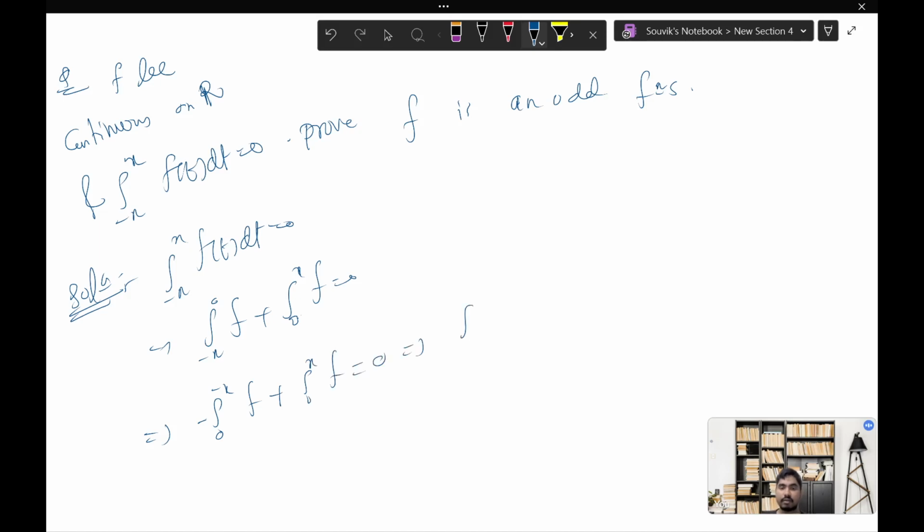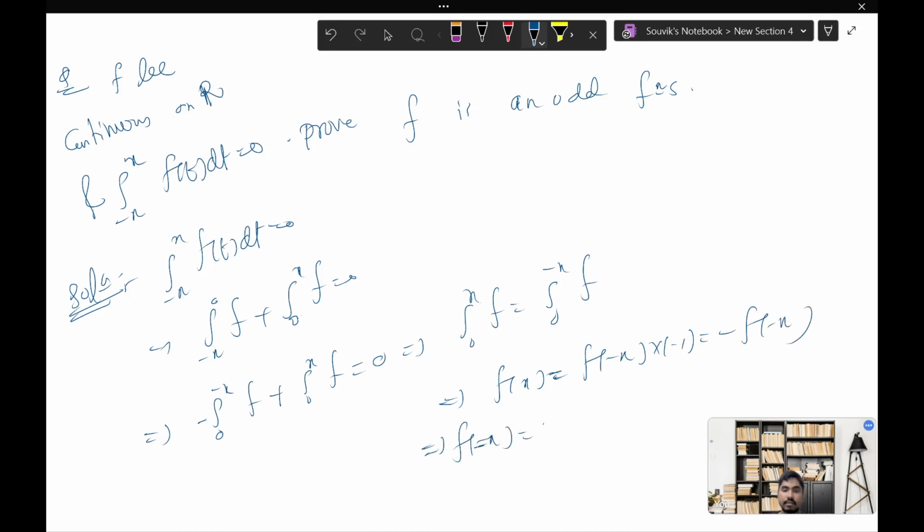This implies the integration 0 to x of f is equal to the integration 0 to minus x of f. This implies f(x) is equal to f(minus x) into minus 1. So it is minus f(minus x). So f(minus x) is equal to minus f(x). So f is odd. So this is what we want to show.